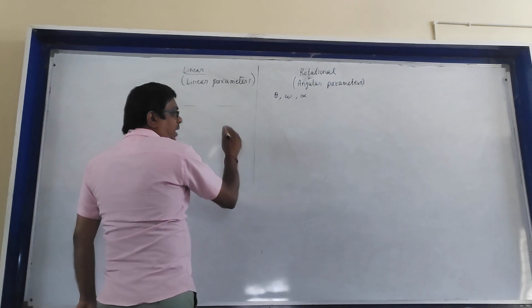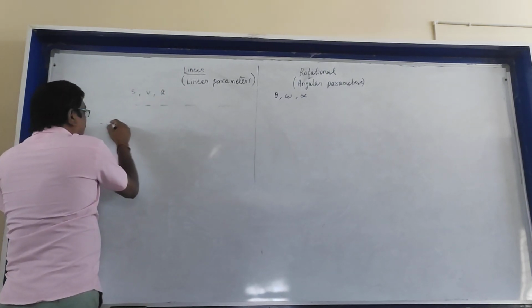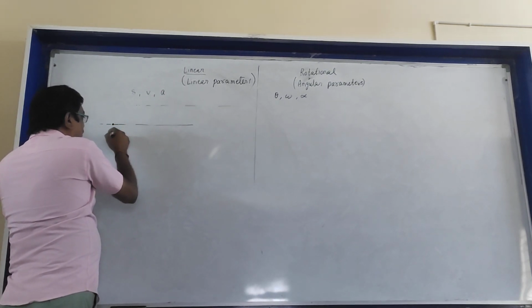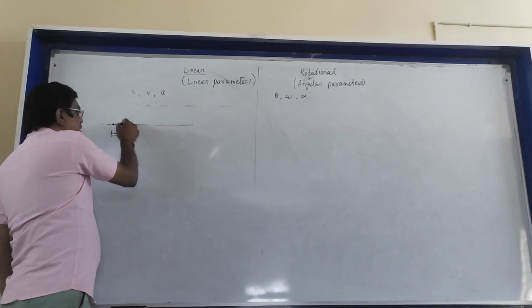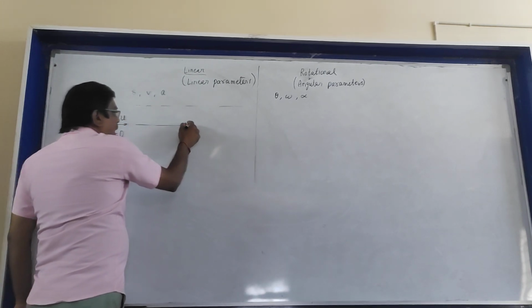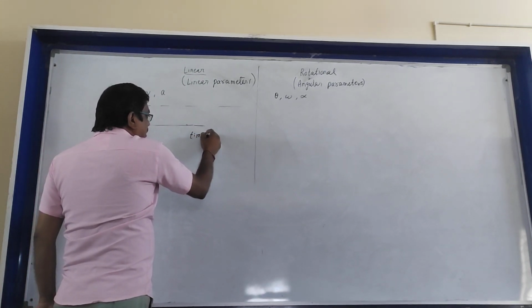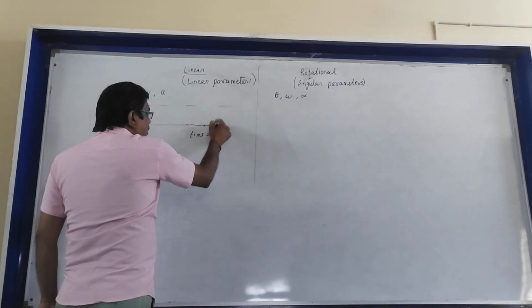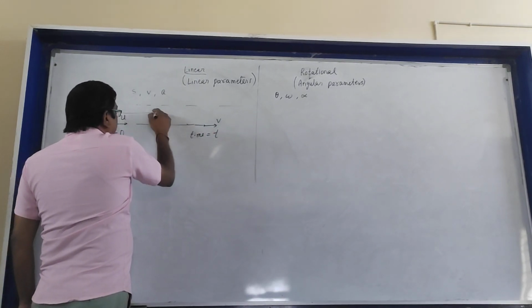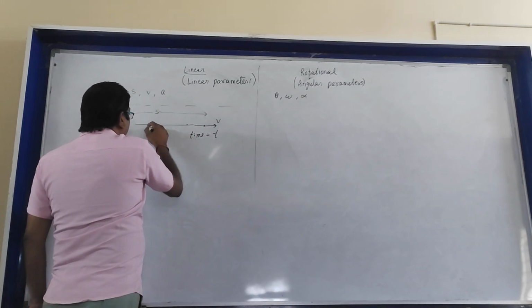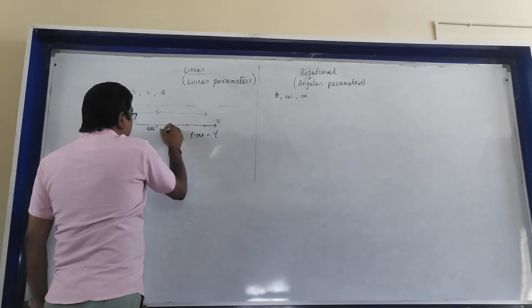See, when you start counting the time, you have t equal to 0. At that point of time, let us say velocity is u. After a time t, let the velocity acquired be v, the displacement undergone be s, and the acceleration be a.